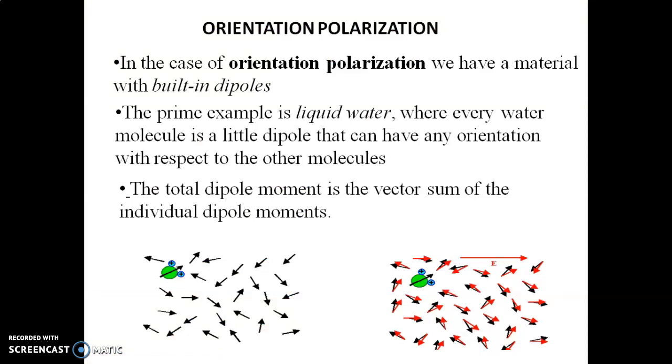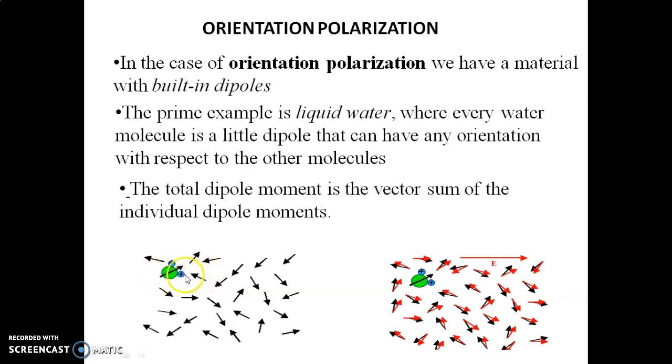The next kind of polarization is orientation polarization. In the case of orientation polarization, let us take polar molecules like water molecules, before the application of the external electric field. You can see this H2O, right? The hydrogen atoms have positive charges, two hydrogen atoms are there, and the heavier oxygen atom has the negative charge, and this is a vector component.